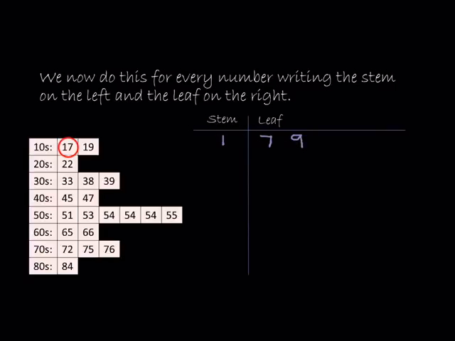And I write the 9 next to the 7 with a space. 22 has a stem of 2 and a leaf of 2. 33, stem of 3, leaf of 3, 38, stem of 3, leaf of 8, 39, stem of 3 and a leaf of 9. And we can continue in this fashion until we have completed our whole table.